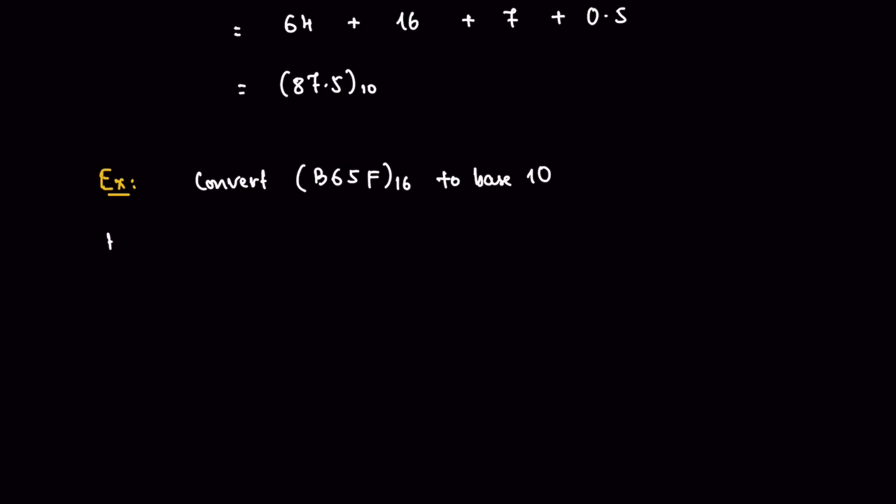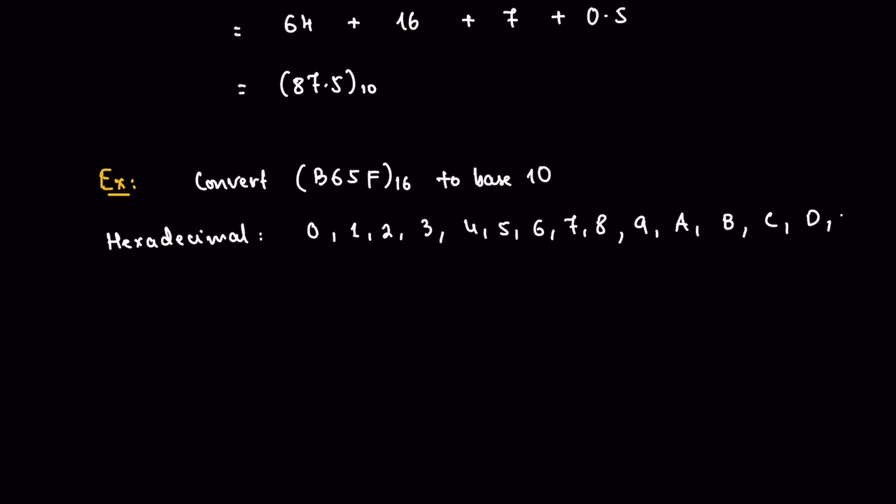That means in hexadecimal, the digits are going to be 0, 1, 2, 3, 4, 5, 6, 7, 8, 9, A, B, C, D, E, and F. A is equivalent to 10, B equivalent to 11, C equivalent to 12, D equivalent to 13, E equivalent to 14, and F is equivalent to 15.